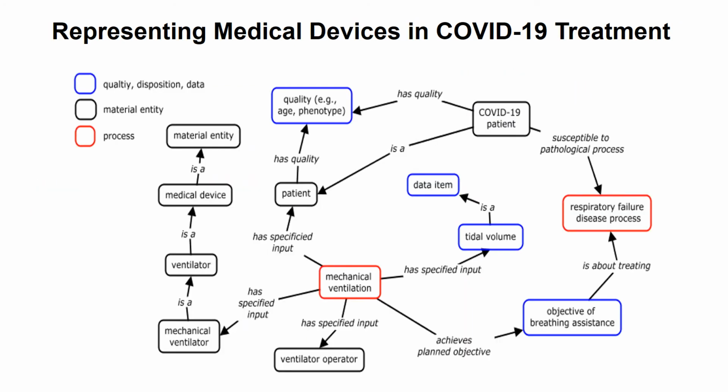And then here we have a special way to present medical devices. That is an important thing in terms of COVID-19 treatment. So for example, we may have respiratory issues, and then we may need medical ventilation, right? So how to set up the ventilation is important.